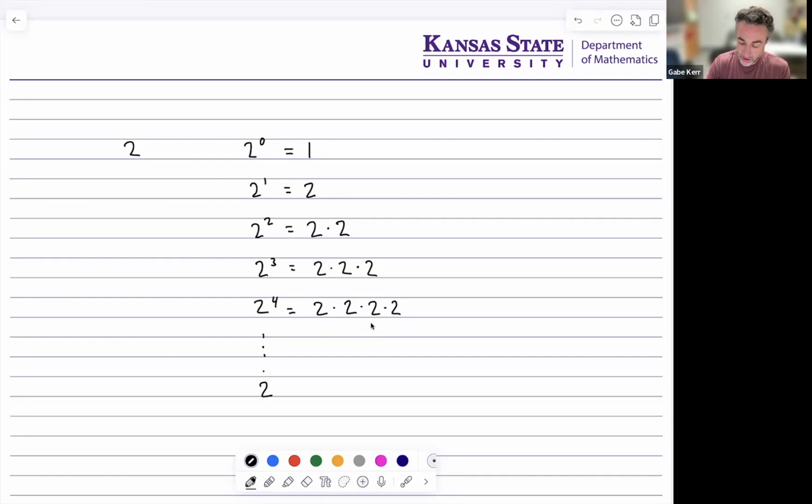So if we go 2 to the capital N, where N is some big number, it means that we're multiplying 2 by itself that many times, N times. Sometimes you'll see people write N times above it to denote that you've written that number N times in that multiplication.